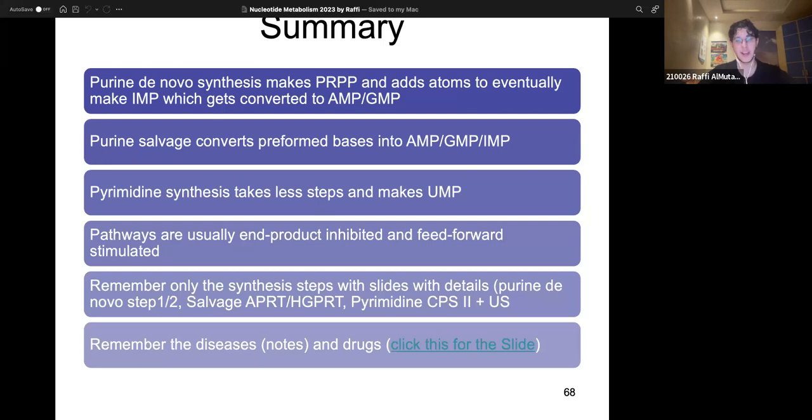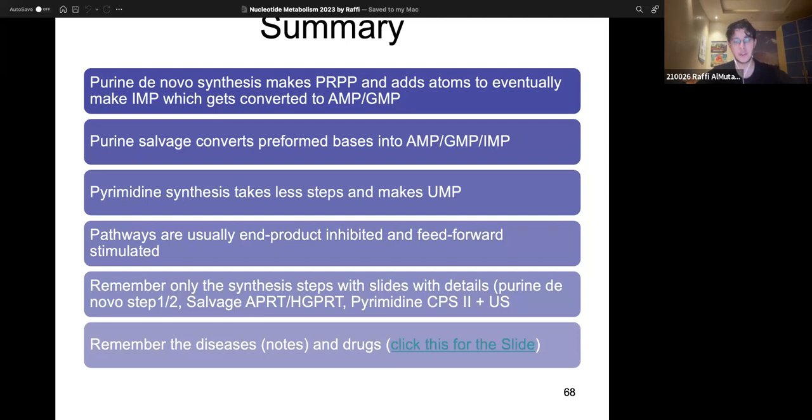The pathways are usually end product inhibited and feed forward stimulated. So for the steps that you had to know in detail, for almost all of them, they are end product inhibited or feedback inhibited. That's a really good point to remember, and you can go back and look at the exceptions I mentioned. Now, don't focus on all 11 steps of purine synthesis. You're going to waste your time.